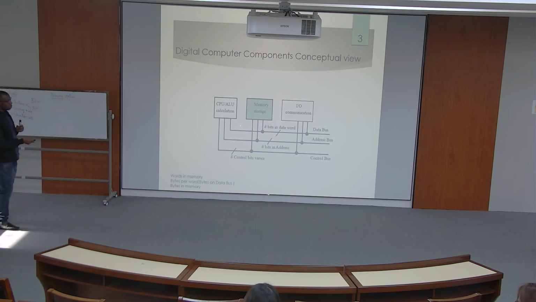After the memory storage, we talk about these other important components of the computer. We have the bus system: the data bus, which is there to transmit data, and the address bus, which is there to transmit the address, the memory locations. And we have the control bus, which is also important to transmit the status and control signals, which allow the computer to manage the different operations being performed.